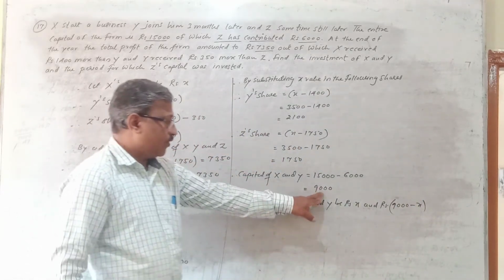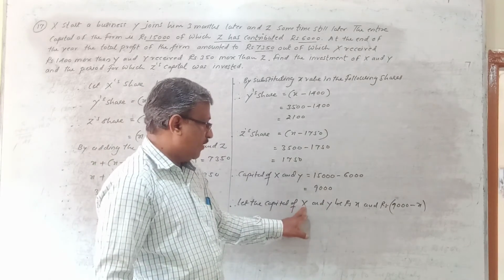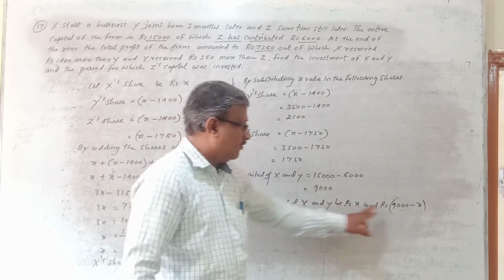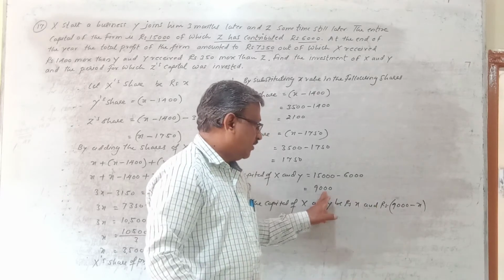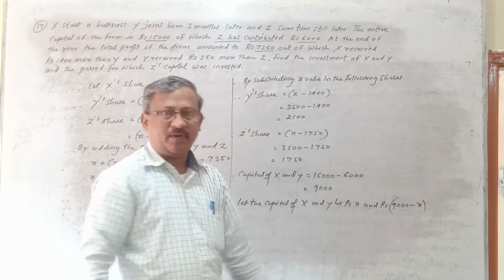Out of 9,000, I am going to assume x's capital as x. Then y's capital will be the remaining balance, 9,000 minus x.